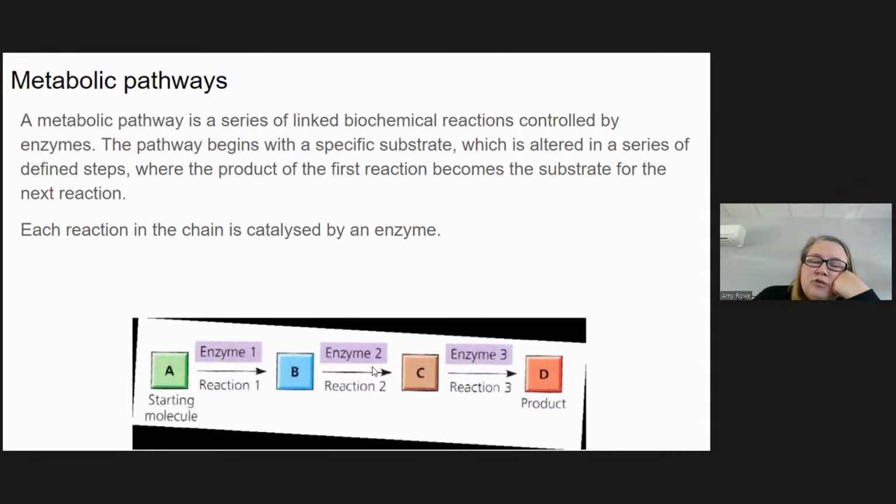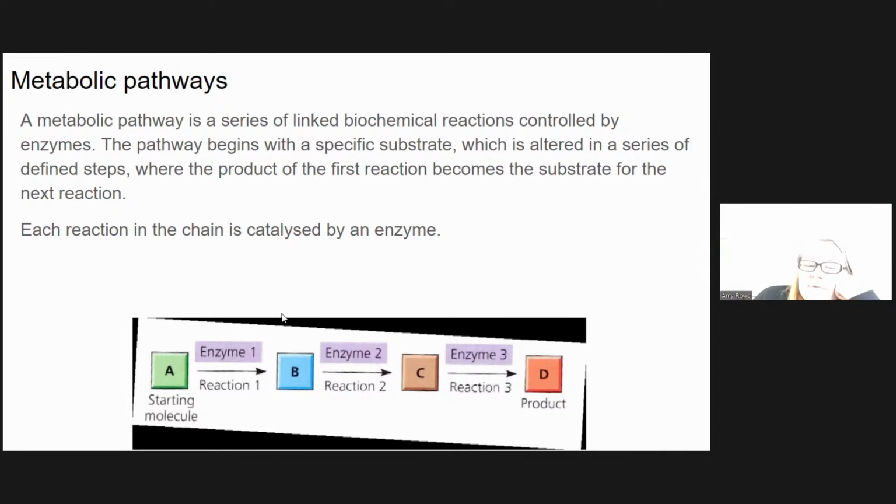All of these steps are controlled by enzymes, where the substrate of the first reaction is turned into a product, and that product becomes the substrate for the second reaction. And the product of that second reaction then becomes the substrate for the third reaction, and so on. Each reaction in the chain is catalyzed by an enzyme.